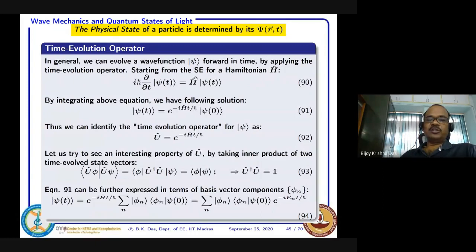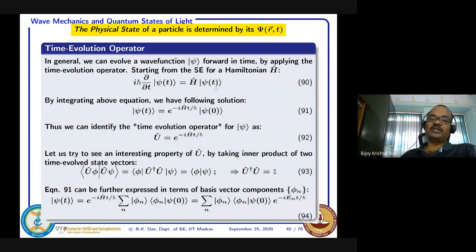You start from the Schrodinger equation, where we consider the Hamiltonian to be time independent. This is the Schrodinger equation: i h bar del del t psi equals H psi. So instead of simple psi, we write ket psi.